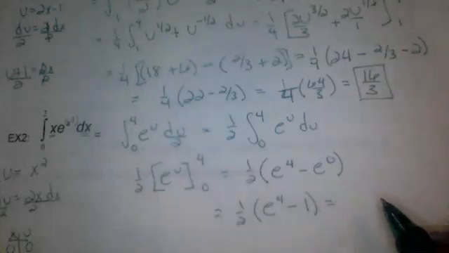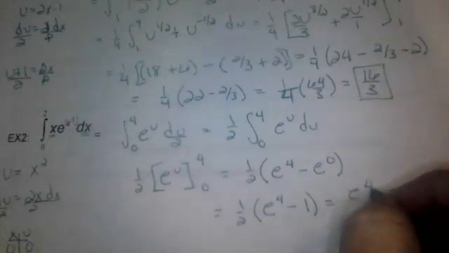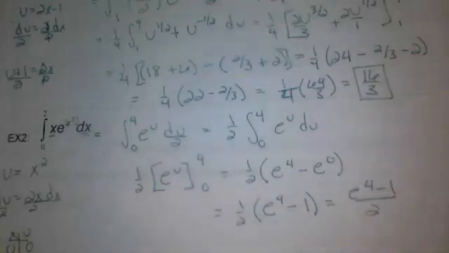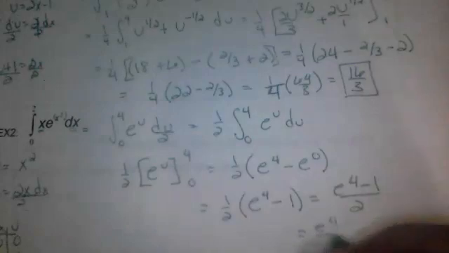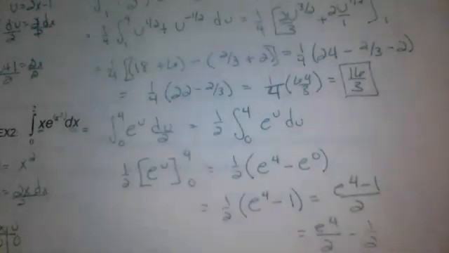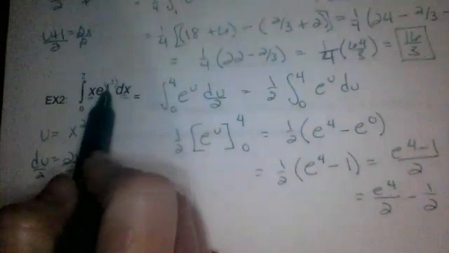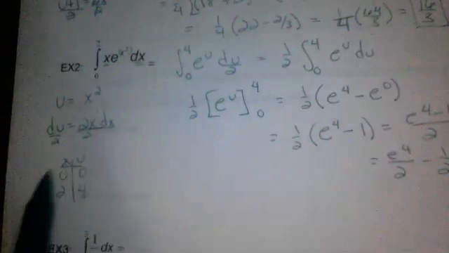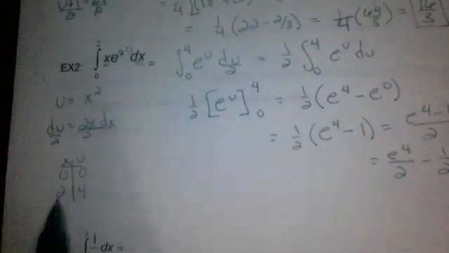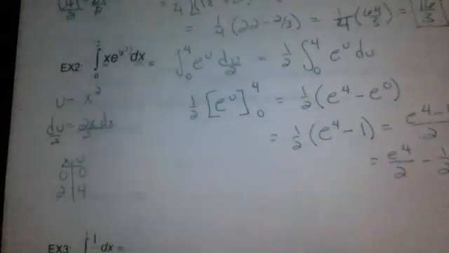If I put both of those over 2, I just have e to the 4th minus 1 over 2. If you write it separately, e to the 4th over 2 minus 1/2. Just to recap on that one, we let the exponent be the u value. We made our substitutions. We also substituted in our new values for integrating with respect to u.